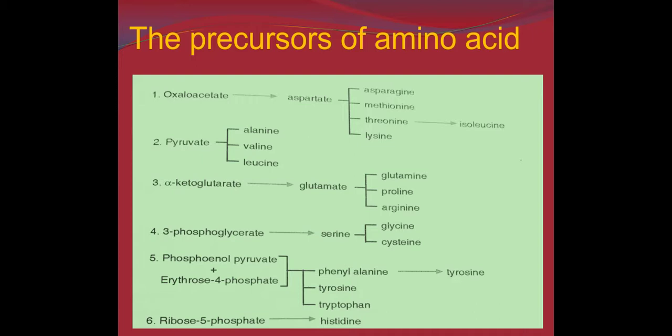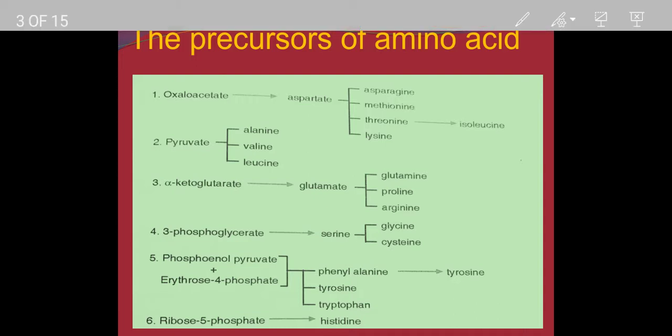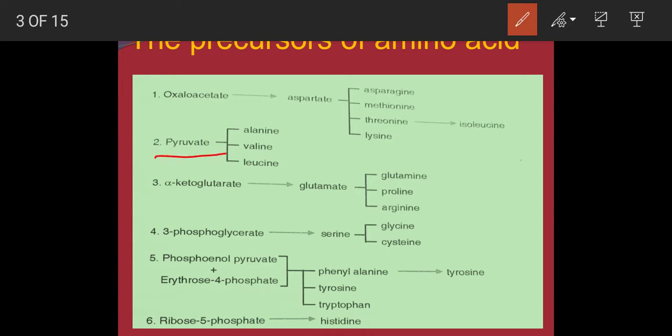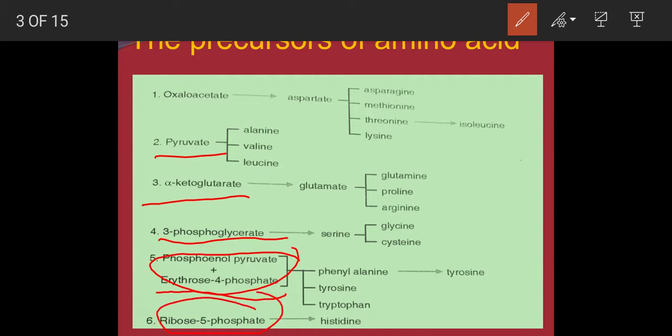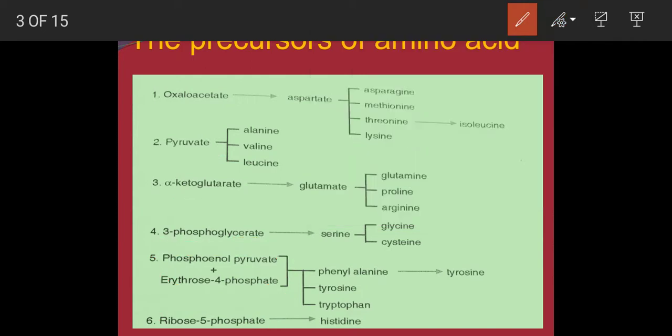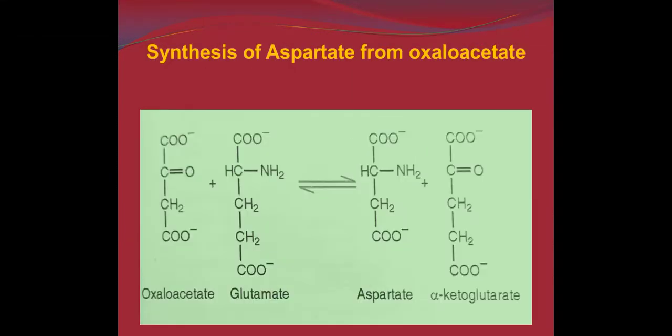On the basis of the precursors of amino acid, 6 families are recognized, and these families are oxaloacetate precursor family, pyruvate family, alpha ketoglutarate precursor family, 3-phosphoglycerate precursor family, phosphoenol pyruvate and erythrose 4-phosphate precursor family, and the last one is the ribose 5-phosphate precursor family. In this e-lecture, we will study about the synthesis of oxaloacetate precursor family.